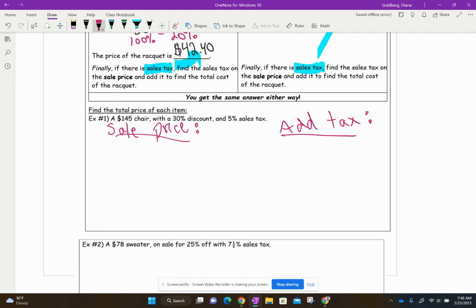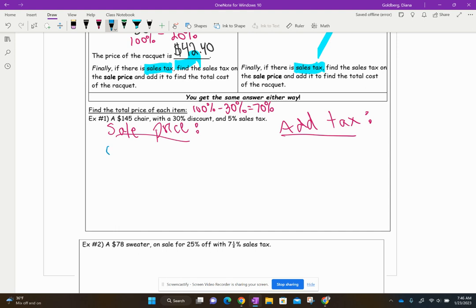Okay, so this time, if you want to use the proportion, you can for method one or method two. 30% discount if we're using method two: if I take 30% away from 100%, this means I'm paying 70% of the cost. But if you feel more comfortable with method one, you can go ahead and use 30%.